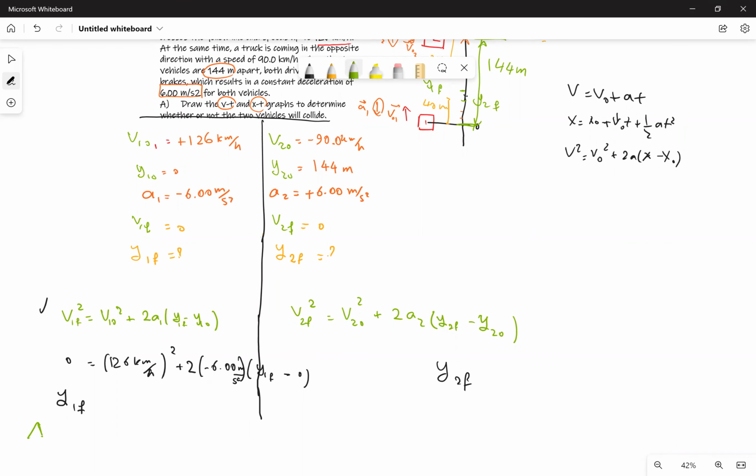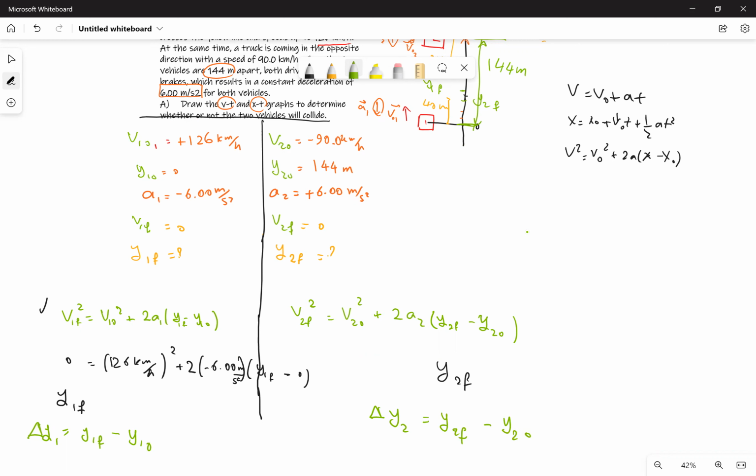The displacement delta y for vehicle 1 is going to be equal to y1f minus y10, and the displacement for the second vehicle, delta y2, is going to be equal to y2f minus y20.